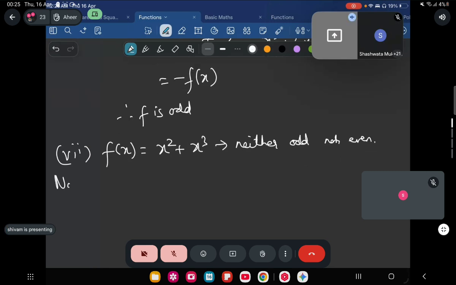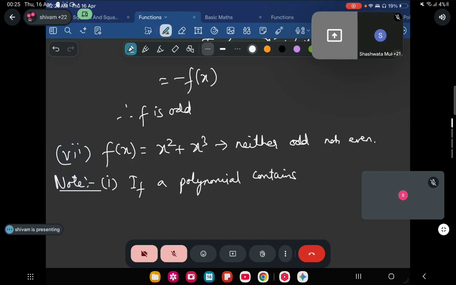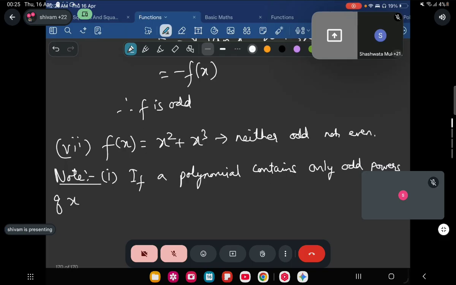Note, part 1. If a polynomial contains only odd powers of x, then f is odd.